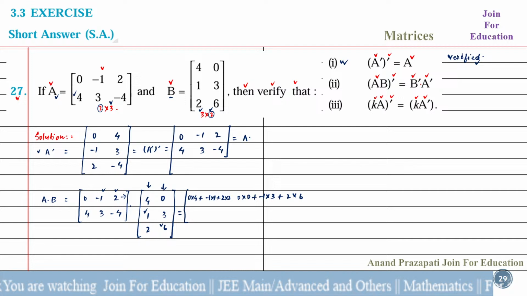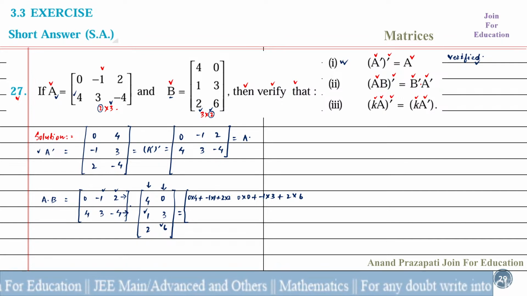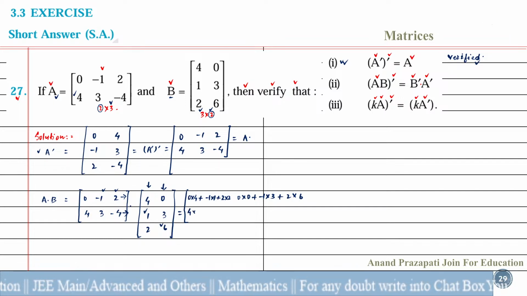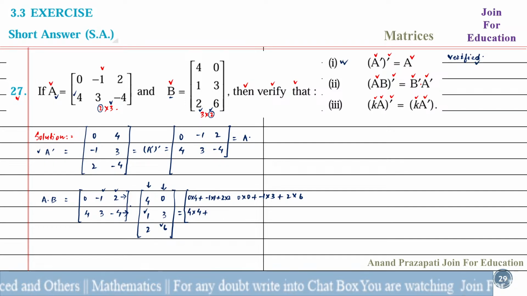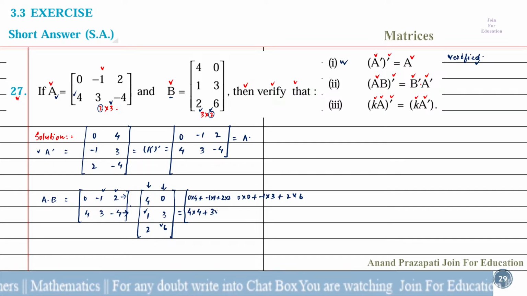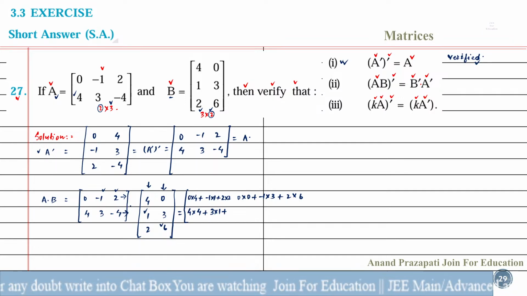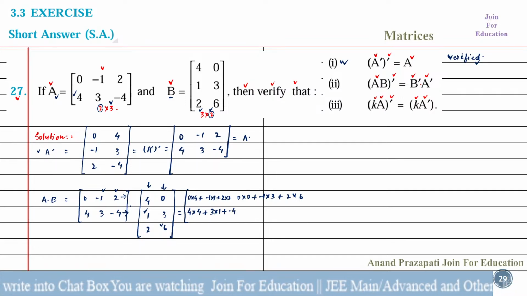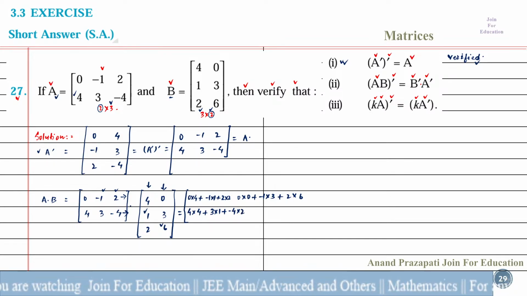For the elements of the second row, we consider this one, 4 into 4. So we write down here 4 into 4 plus 3 into 1 plus minus 4 into 2. There is no problem to understand up to this step.